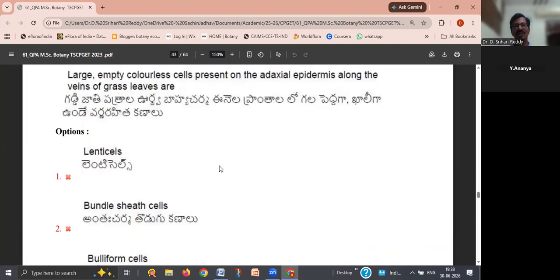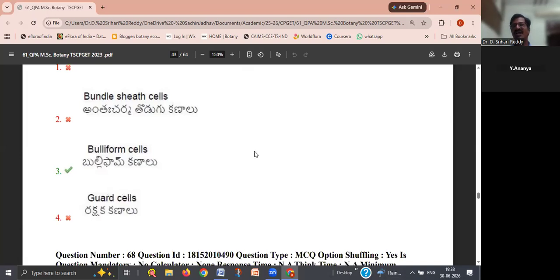They are useful in curling of the leaves. When there is a lot of heat and sunlight, the leaves curl. So it prevents excess transpiration and loss of water. Bulliform cells protect the leaves from excessive transpiration.